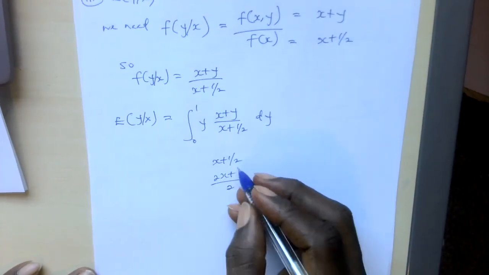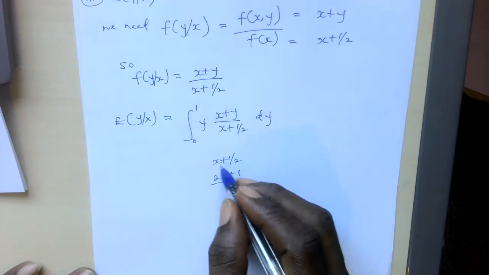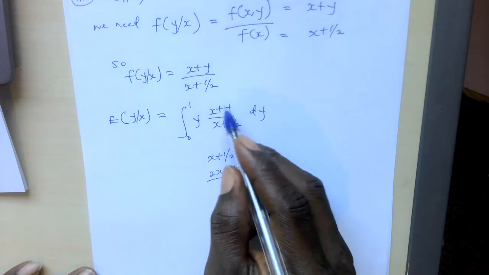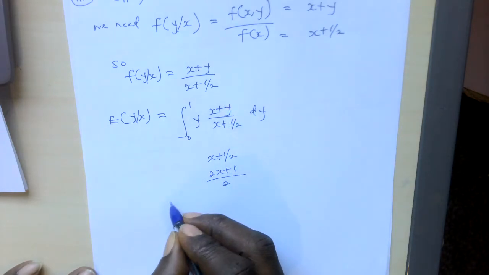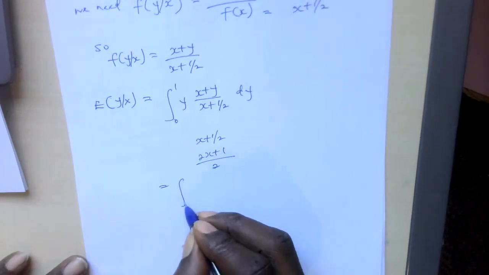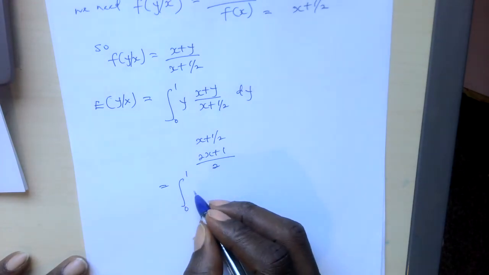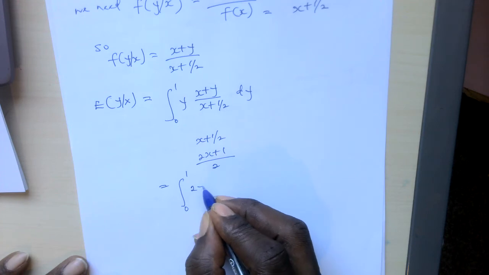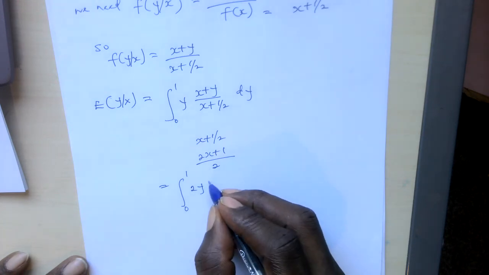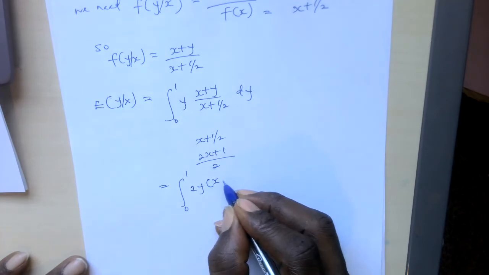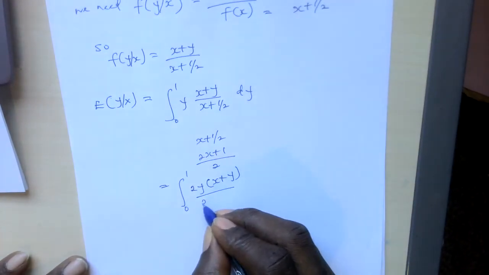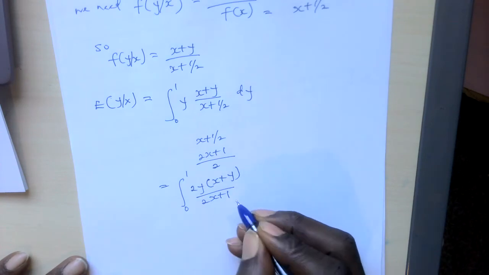Then if you divide this by this, you have 1, you have y, you have 2y, x plus y all over 2x plus 1.